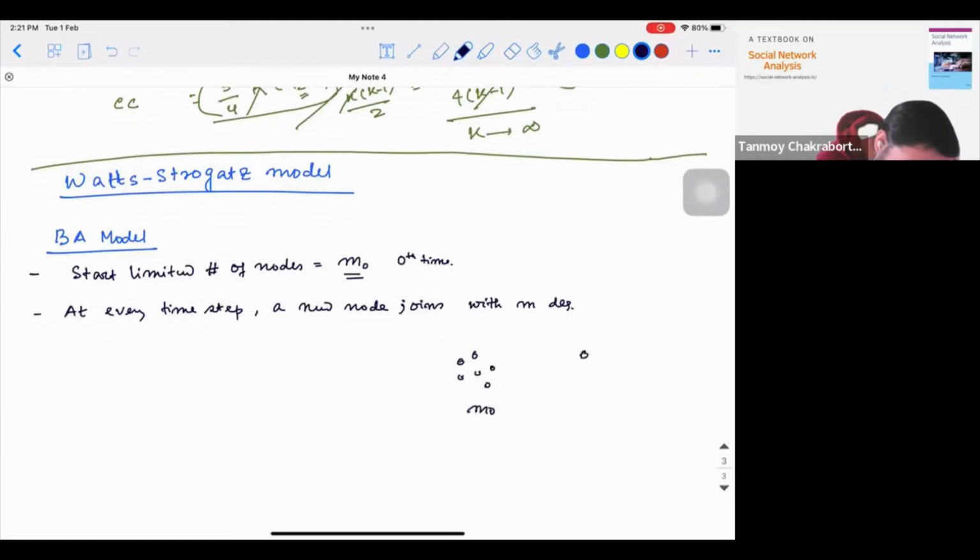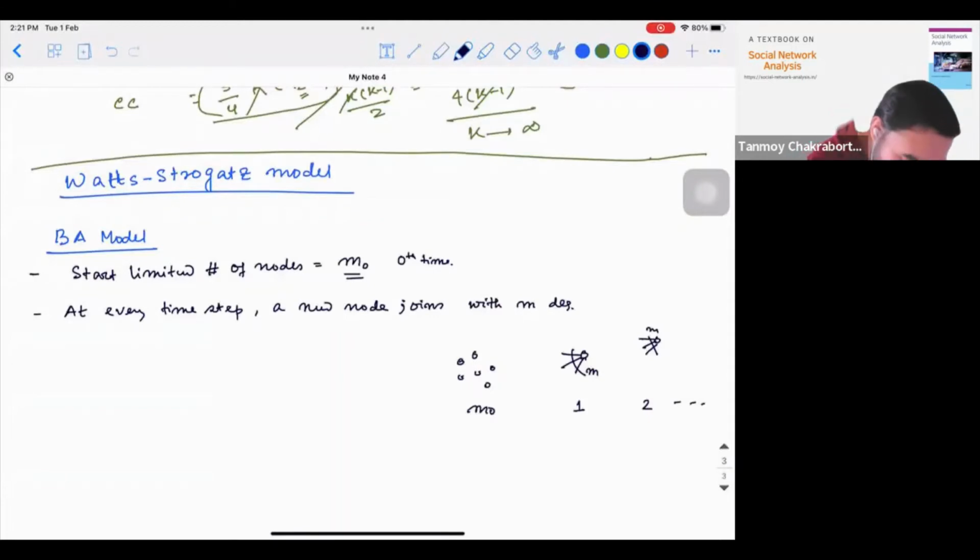At timestamp 1, a new node joins with degree M. At timestamp 2, another new node joins with degree M, and so on. Another drawback you can see here is that the degree is the same for every new node, but that's again a simplified version. You can try to generalize it.